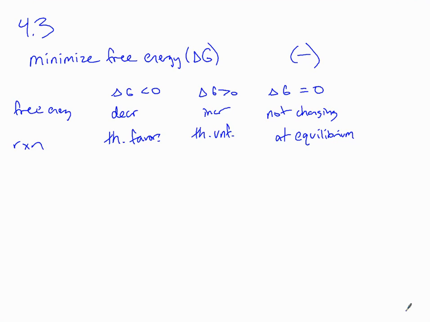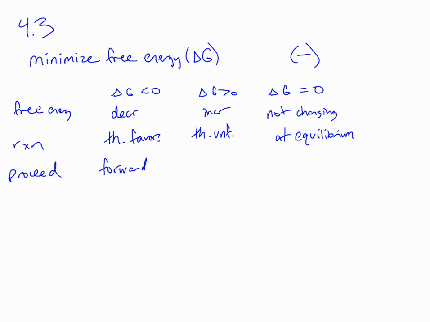So what happens to the reaction? How will the reaction proceed? When delta G is negative, it's a thermodynamically favorable reaction. It's going to happen as written, or what you might call in the forward direction. It's going to go reactants to products like we would expect.